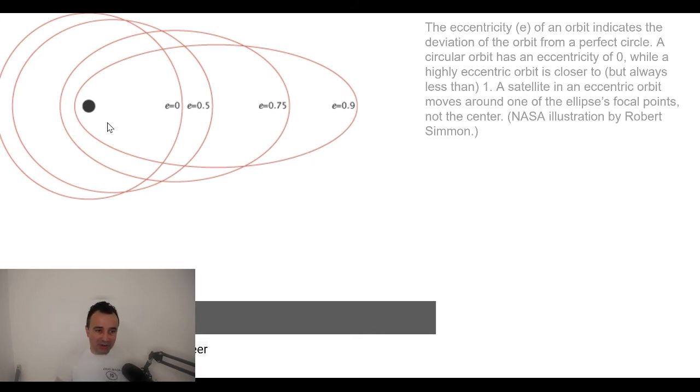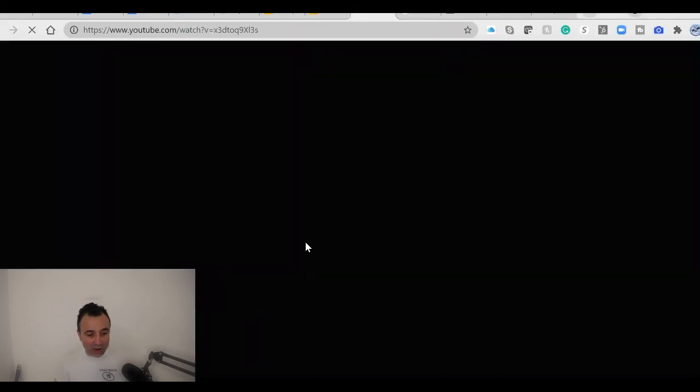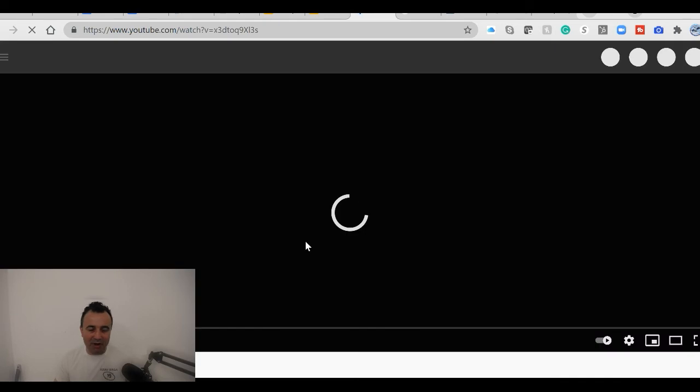So think of this as the distance to the axis from the center of a circle. One of the most interesting orbits is called Molniya, and I do have a great video that can explain how this works. There are many of them, but this one is probably one of the best that shows it.